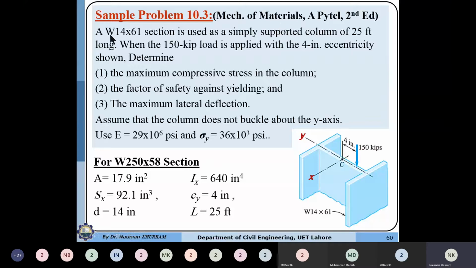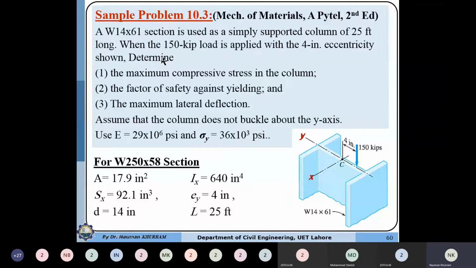So a W14x61 section is used as a simply supported column of 25 feet. This is the US customary designation, not the SI designation. So this 14 is equivalent to, I guess, the W350 column.